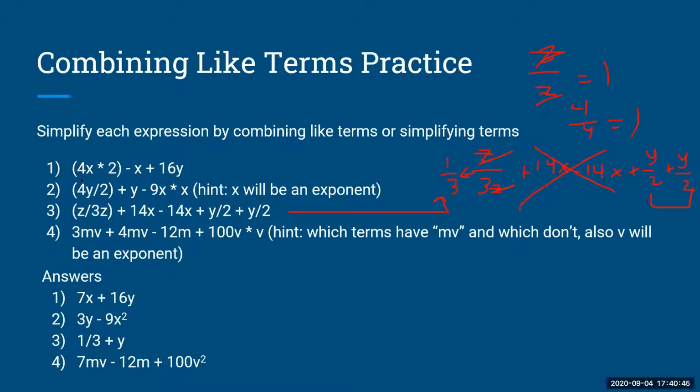I technically did it all for you guys. If you had z over z, that would equal 1. But since you have the 3 right here, in z over 3z the z's cancel, but the 3 stays, so you get 1/3.